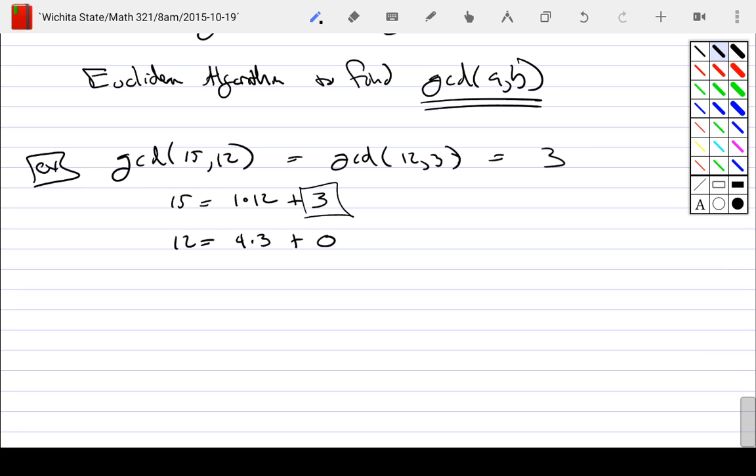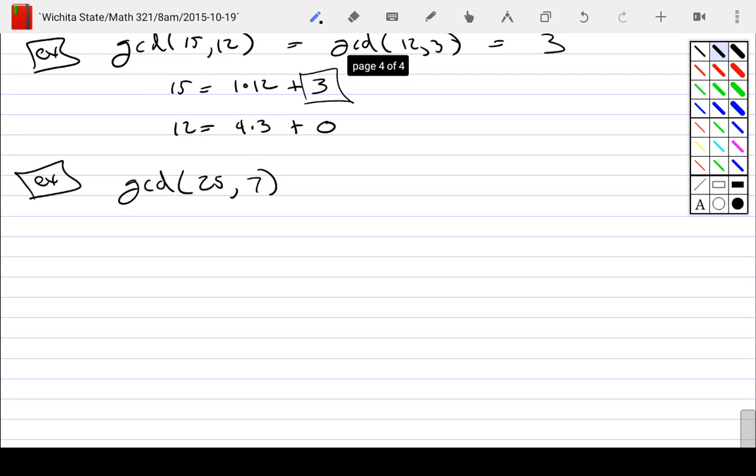One of the things that I can notice on a problem like this is, let me do another example of it. The GCD of, say, 25 and 7. I already know what it is, but what is the GCD of 25 and 7?